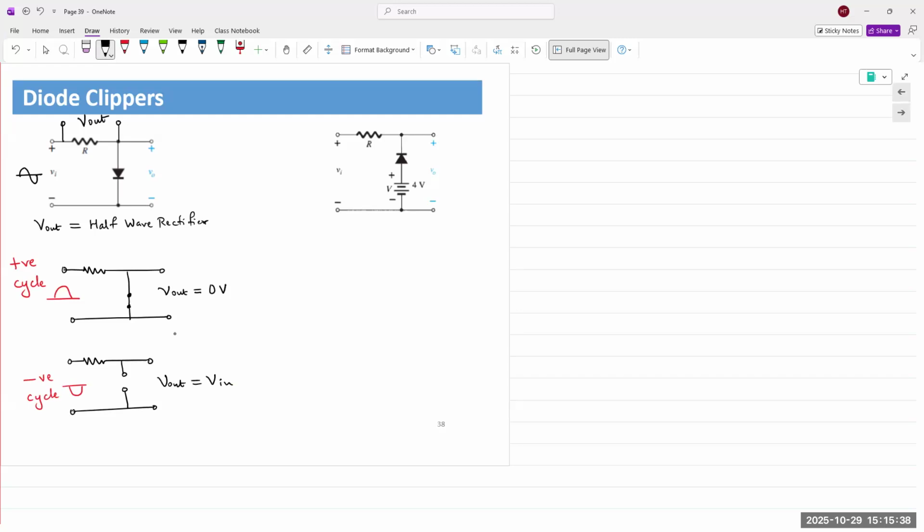Positive clipper or negative clipper? Which half cycle is it cutting? What kind of clipper is it? Positive clipper, yes. All right, so it's a positive clipper.